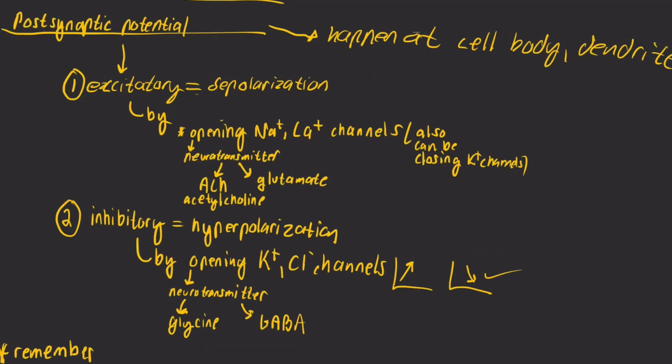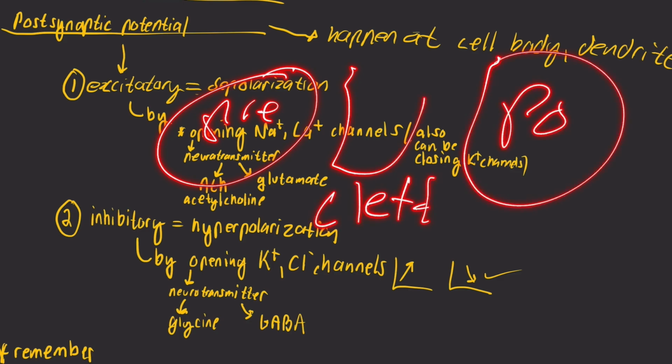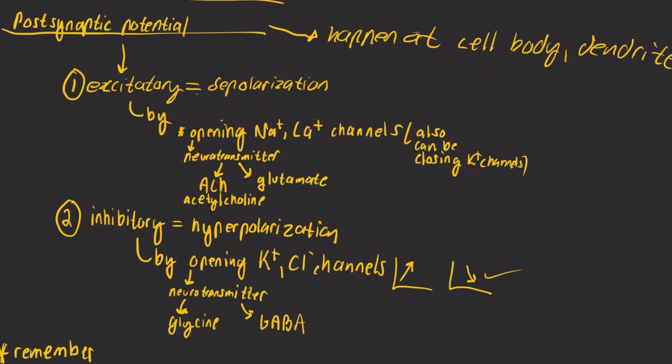Okay, so let us look at the postsynaptic potential. Postsynaptic potentials are, as I mentioned, a graded potential which occurs at the postsynaptic membrane of a neuron. So the neuron after the pre, right? The cleft here, and then the post. Now, similar to the idea of graded potentials where they can depolarize and hyperpolarize, here they can either be excitatory or inhibitory.